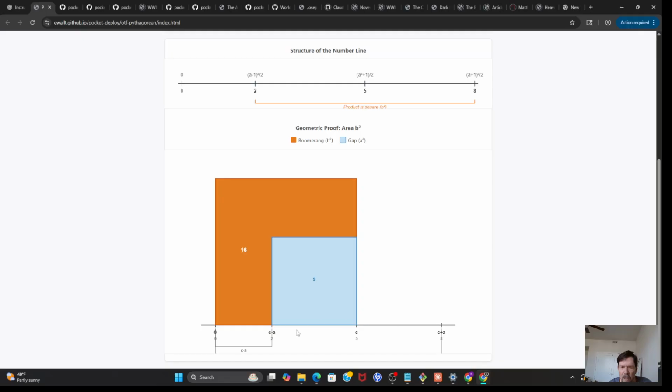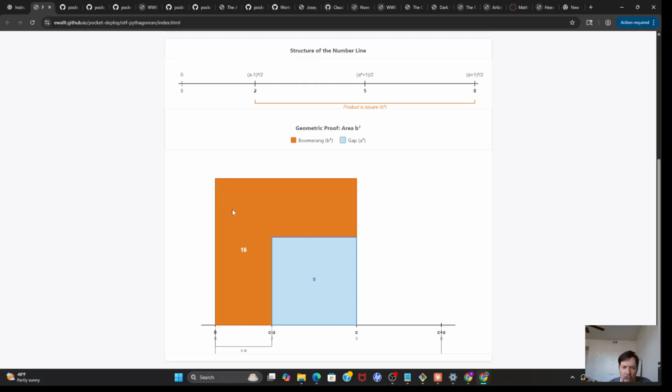This is the number line that we're looking at here. The endpoints are C minus A and C plus B. This is the midpoint, C. So this is a visualization of the square of the distance from the endpoint to the midpoint. And this big square is a visualization of the square of the midpoint.